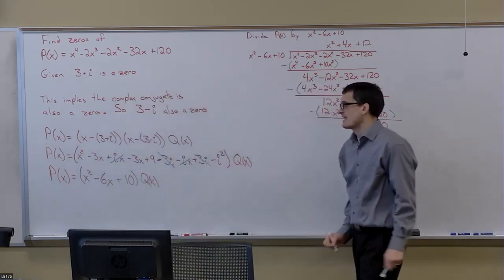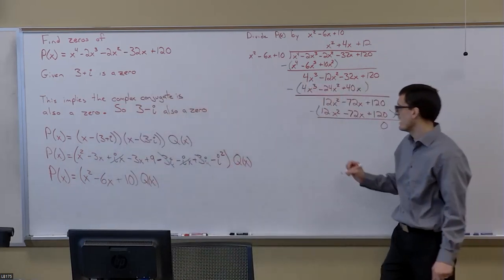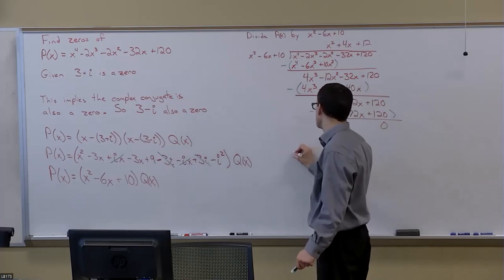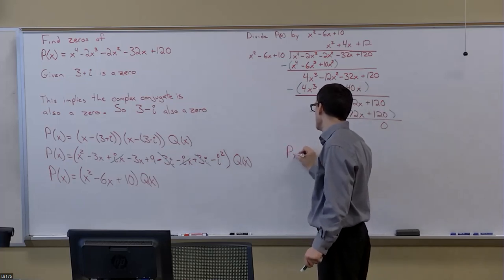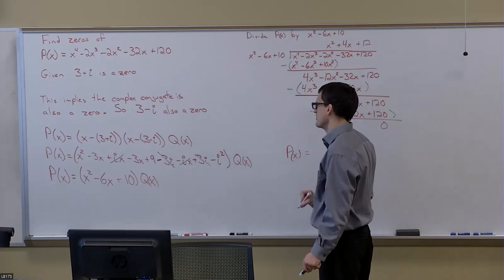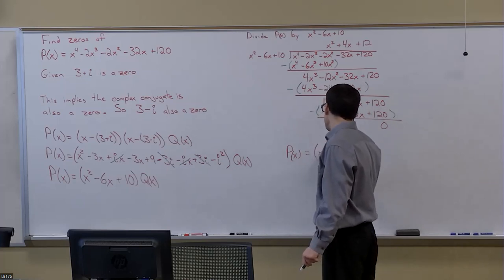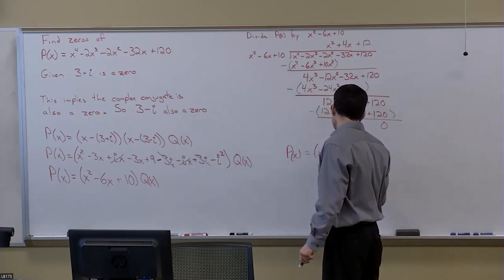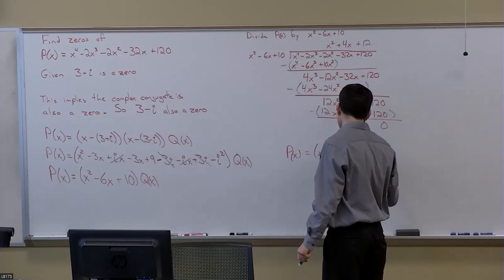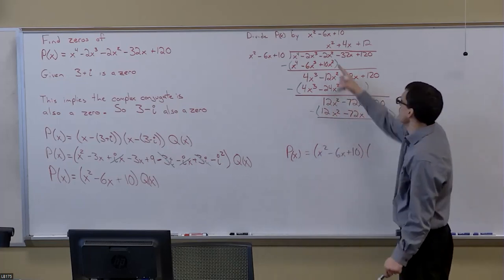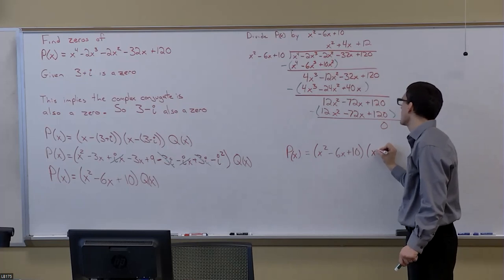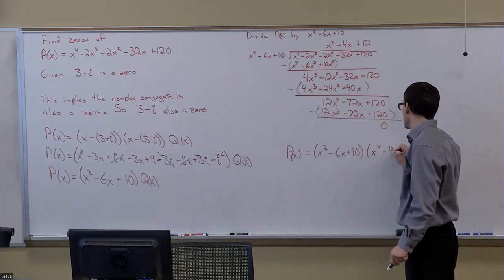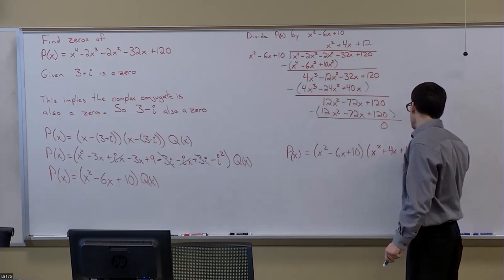So what am I saying? I am saying that that original polynomial that I started with can be factored into x squared minus 6x plus 10 times the quadratic x squared plus 4x plus 12.